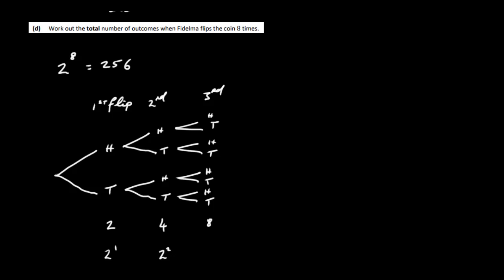We have 8 possibilities here, and that's 2 to the power of 3. This is 3 flips, 2 to the power of 3. So if we continue that on, 2 to the power of 8 flips will give us 256 possible outcomes. And that's it for these questions.